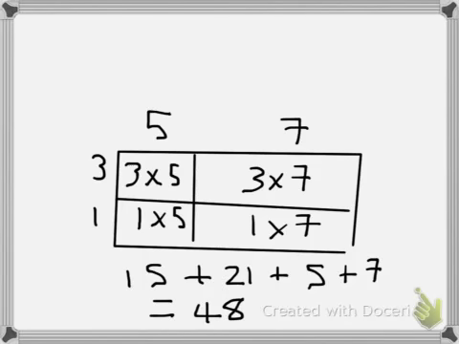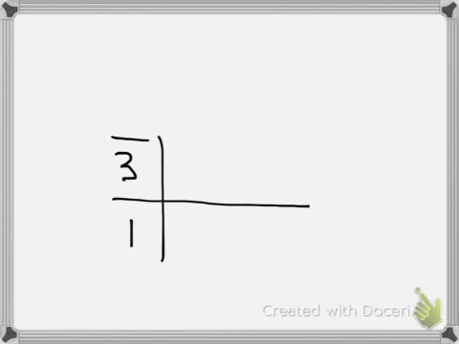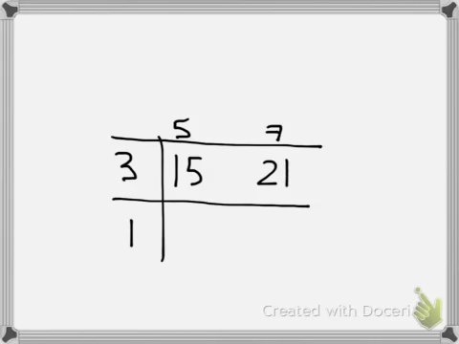Now, let's try that in a different way. So it's 3 and 1, 5 and 7. And we had 15, 21, 5 and 7.